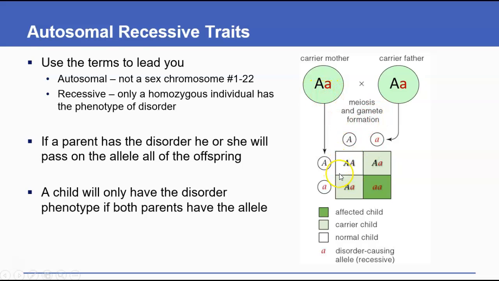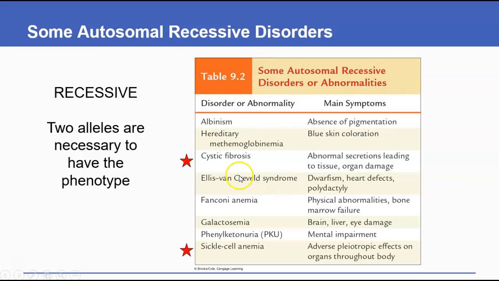But when you do the mating for that, of course, when you mate two heterozygotes, for the genotype ratios you get 1 to 2 to 1, and it's only this individual with the 2 copies of that recessive allele that is going to have the disorder. Some examples of recessive alleles are sickle cell anemia, cystic fibrosis, and albinism.